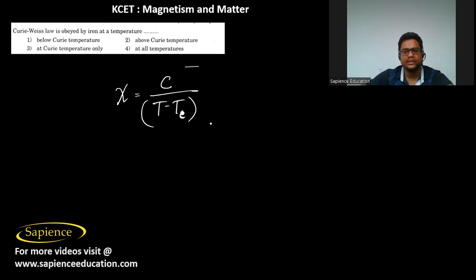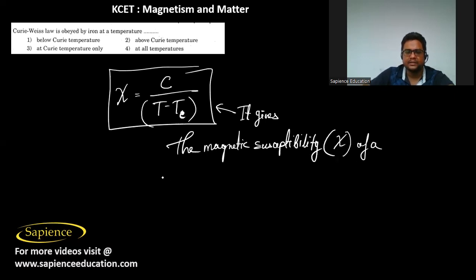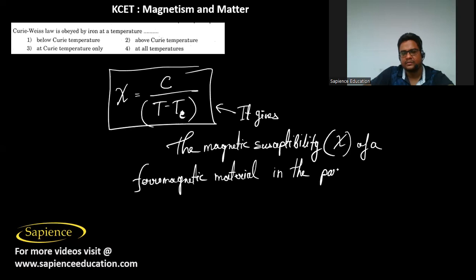It gives the value of magnetic susceptibility chi of a ferromagnetic material in the paramagnetic zone.